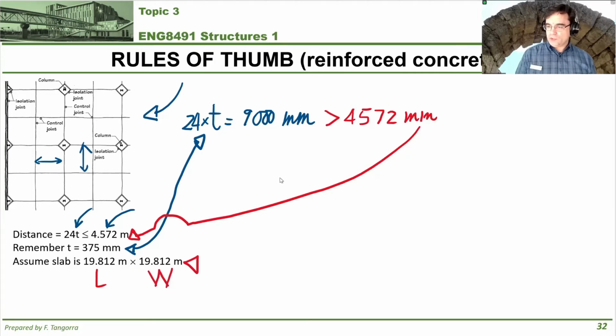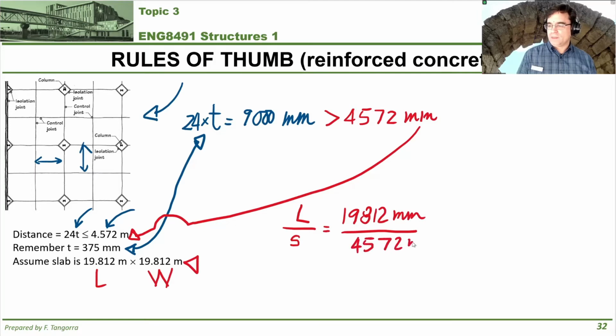So then what I would do would be to divide the length by this spacing that I obtained. So that'd be, I'm going to do this all in millimeters, 19,812 millimeters, and I'd divide that by 4,572 millimeters, which comes from here. Okay.